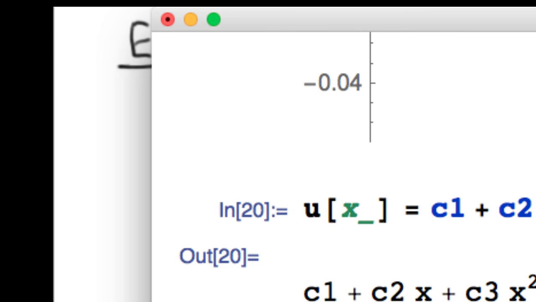Then I'm going to say, well, what can I do? u of x equal to u at x slash dot sol 1 slash dot sol 2.